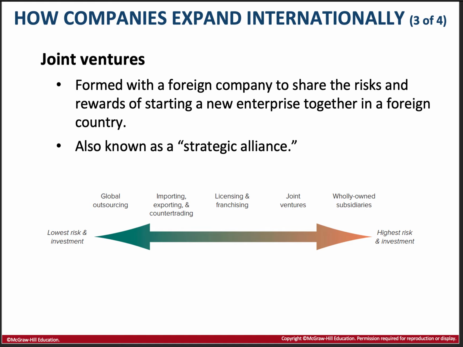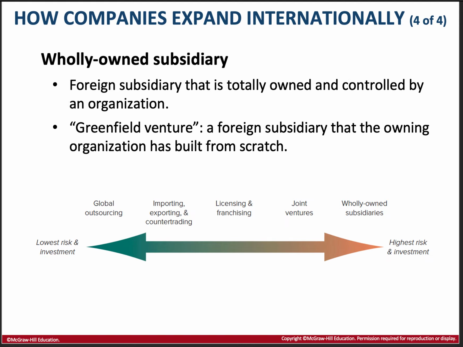But it's definitely up there. Now, I think I kind of gave this away, but why do you think that a JV would be more risk than the licensing and franchising, but less risky than a wholly owned subsidiary? So that's something to think about. I already gave you the answer.